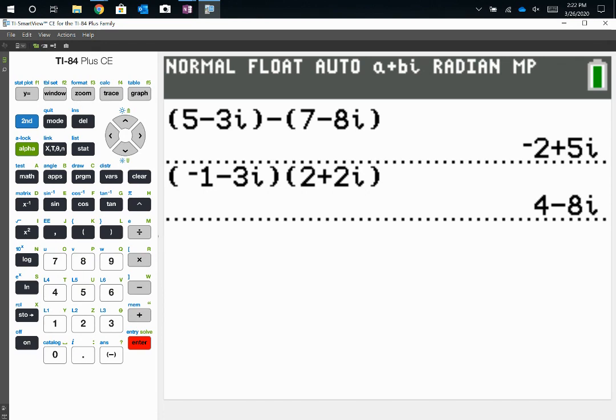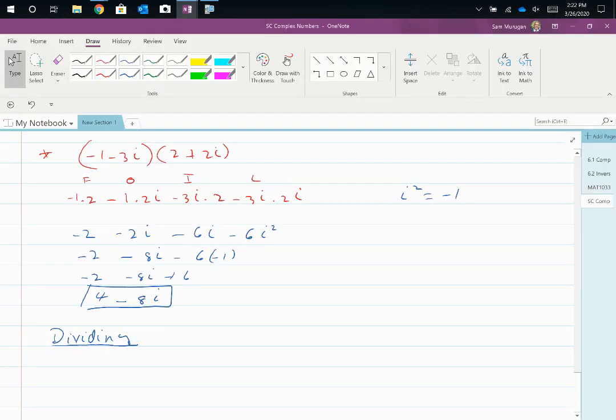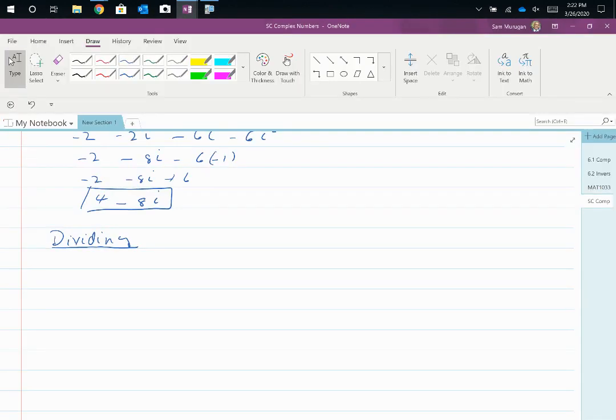Now dividing, I'm going to just go over a couple of division problems here to show you the process. So the one given here is negative 4 minus i over 3i.